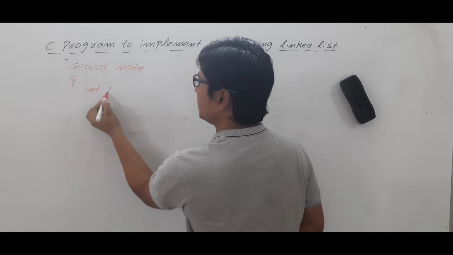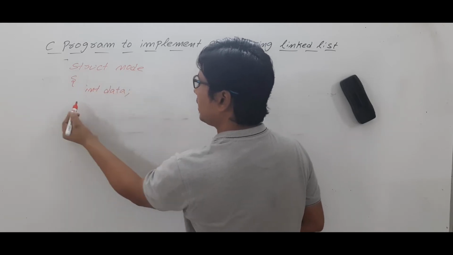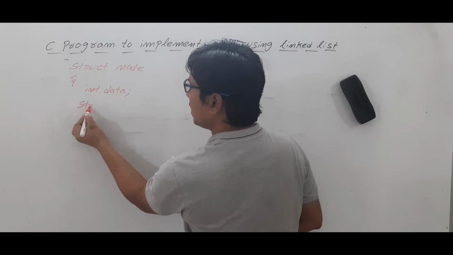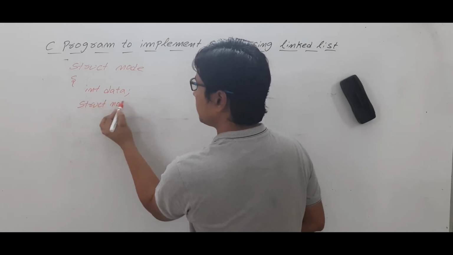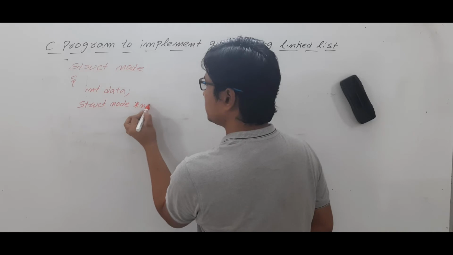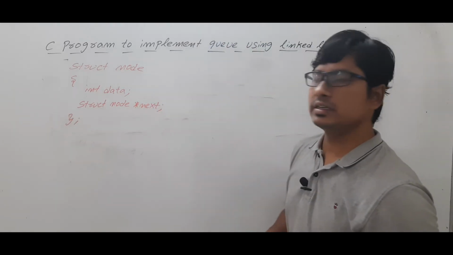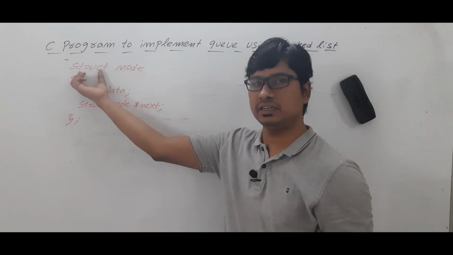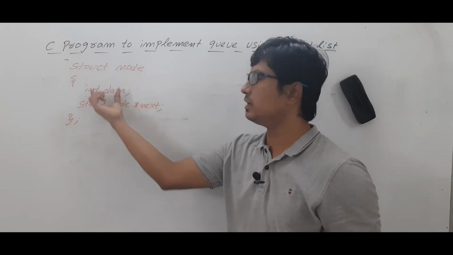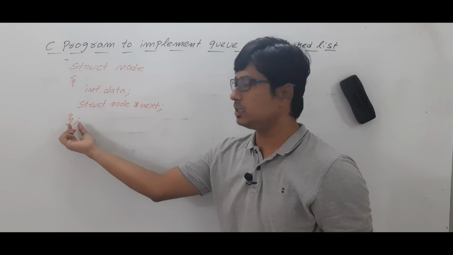One is the data and another one is the address of the next node. Let me write it as next. So this is a structure definition. You will have the struct keyword, name of the structure and the members. You close the curly braces and end with a semicolon.